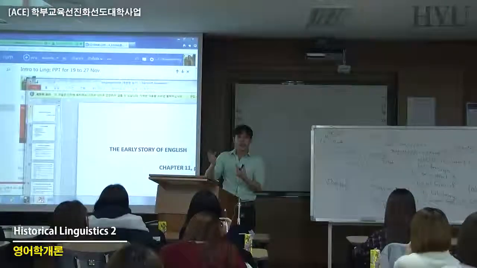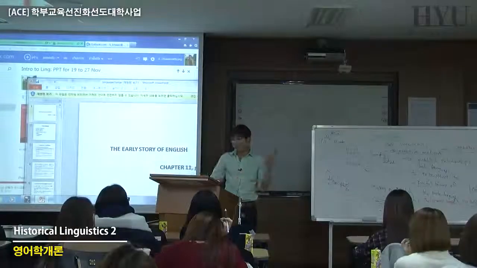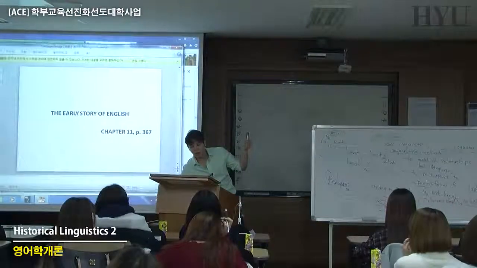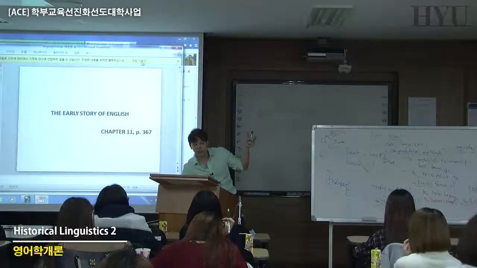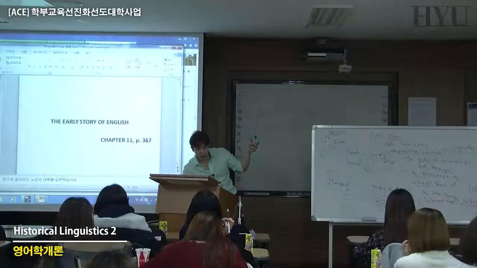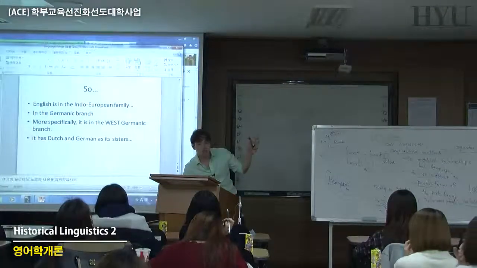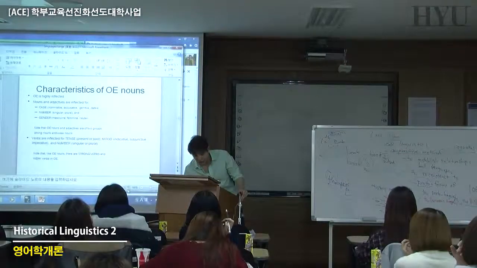If it's a man, then you use he. If it's a woman, you use she. But maybe for ship, you have gender. For the ship, you usually use the female gender, right? And country, you also use female gender too. But for other things, there's no gender in present day English.